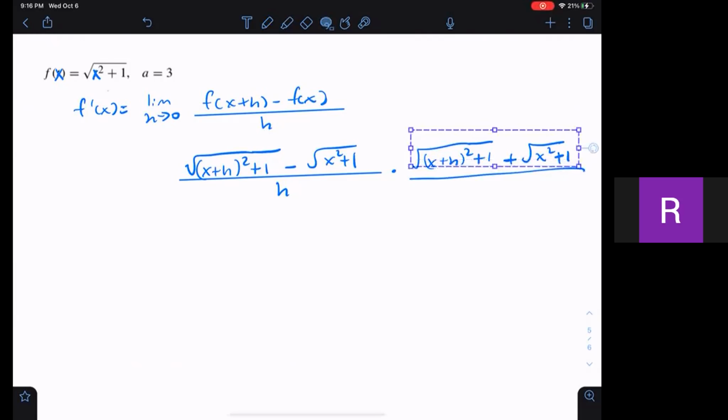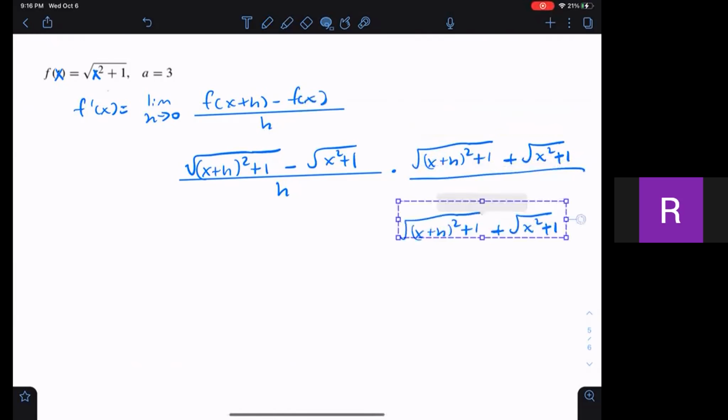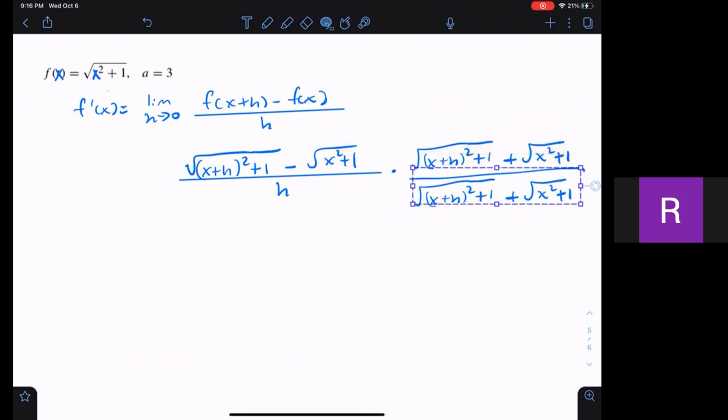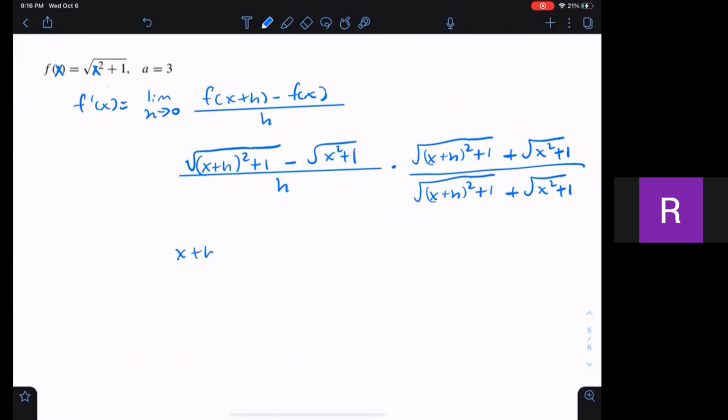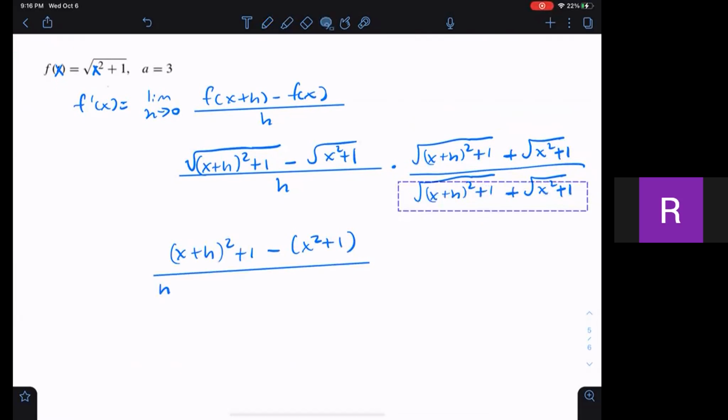So let's copy paste this. So we compute and we get the difference of squares inside, and this is going to be h times all these things, right?